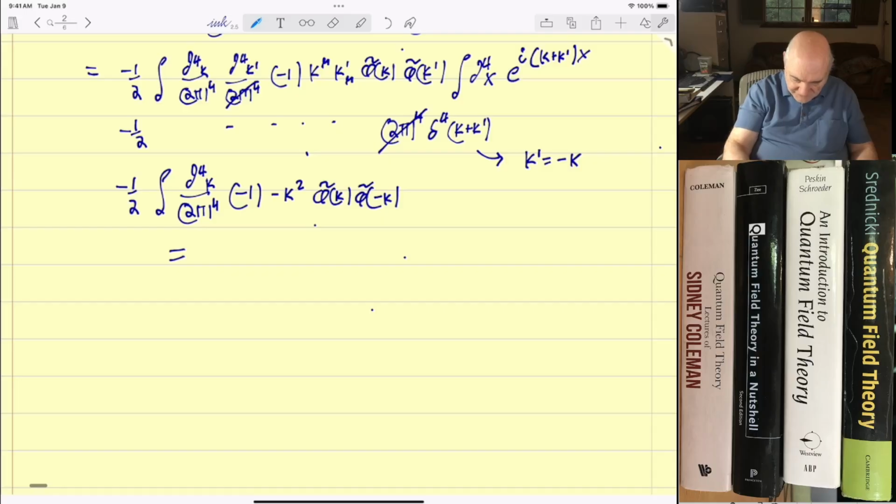So I have minus 1/2 the integral of d^4k over (2 pi)^4 k squared phi tilde of k phi tilde of minus k.